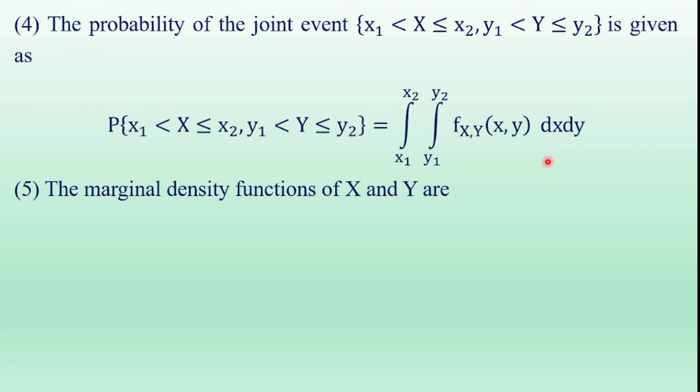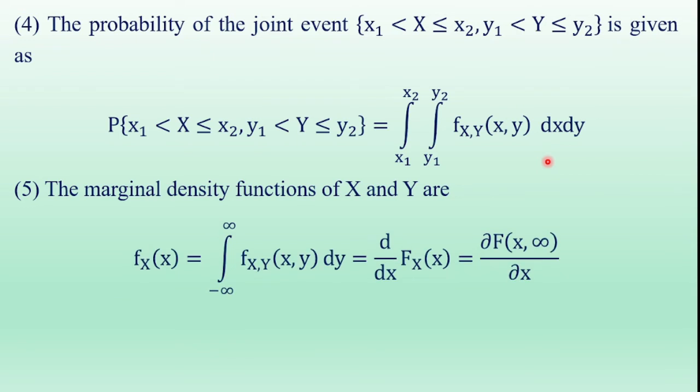Next property: the marginal density functions of random variables X and Y. The marginal density function of the random variable X, small f_X(x), is equal to the integral from minus infinity to infinity of the joint probability density function dy.